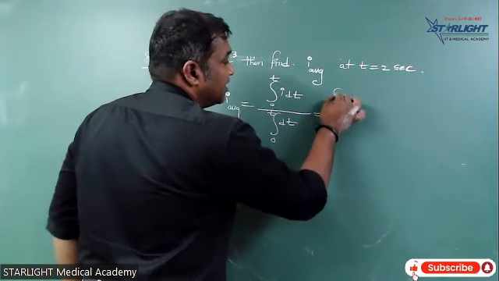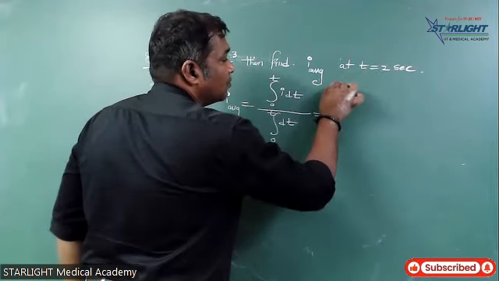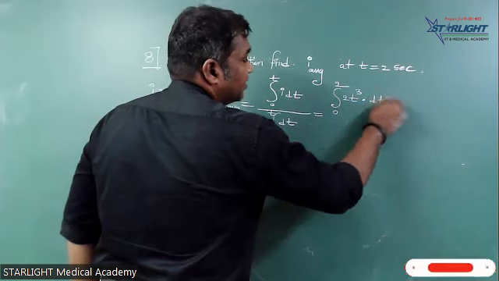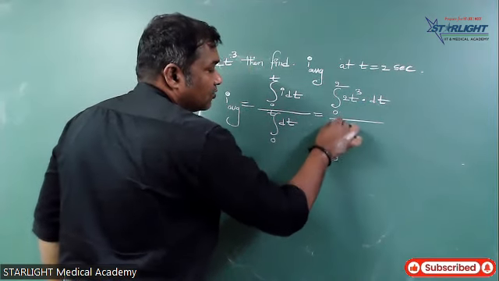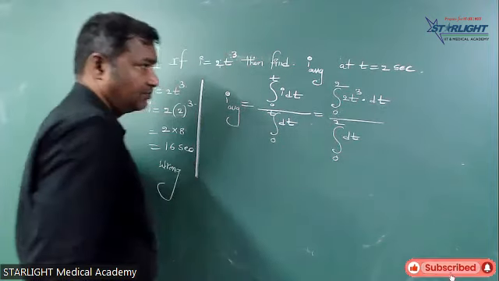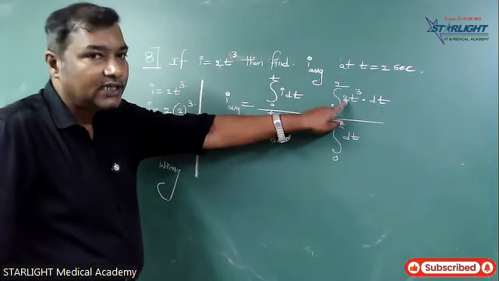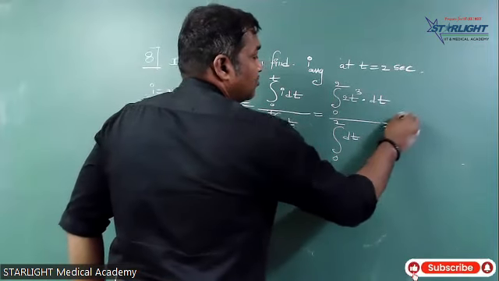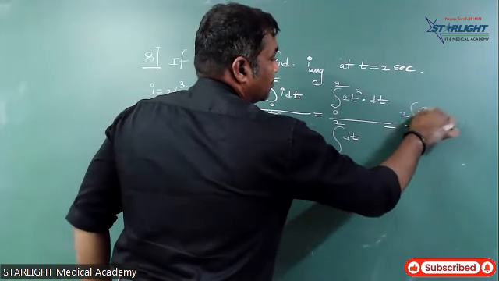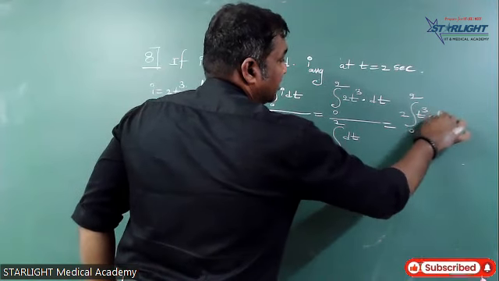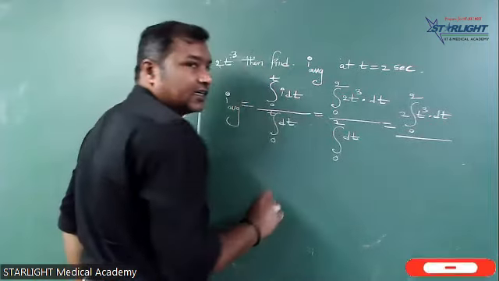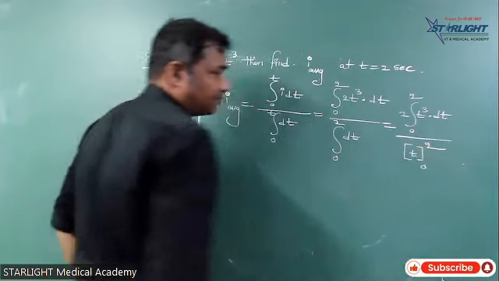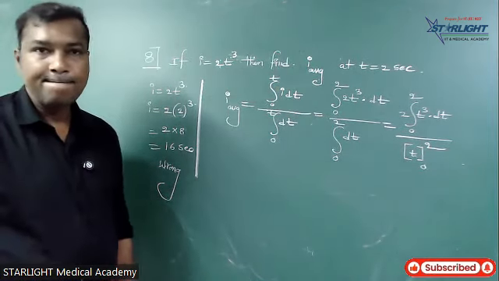That is equal to the integral from 0 to 2 of 2t cube dt, upon the integral from 0 to 2 of dt. Here 2 is a constant, so take it in front of the integration: the integral of t cube from 0 to 2, dt, upon the integral of dt. The integral of dt becomes t with limits 0 to 2.